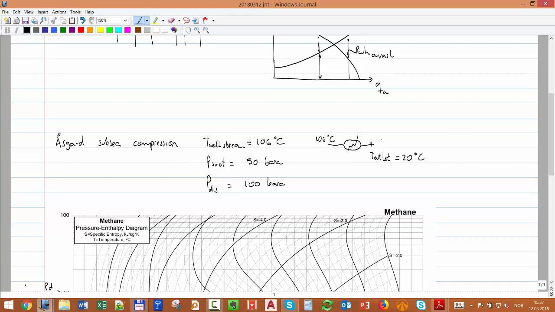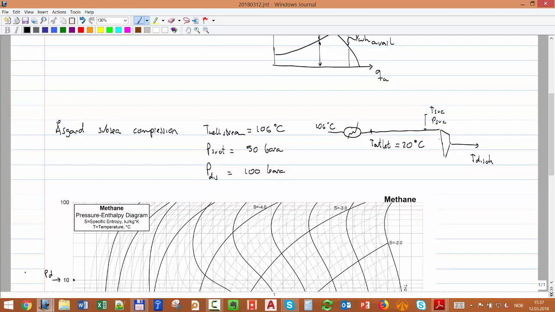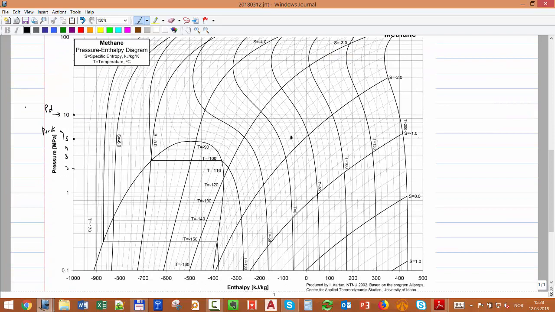That is the outlet of the cooler, and here we have the compressor after that. Here we have T suction and P suction, and T discharge. So I know I have to go to this line, but I'm not sure which temperature.